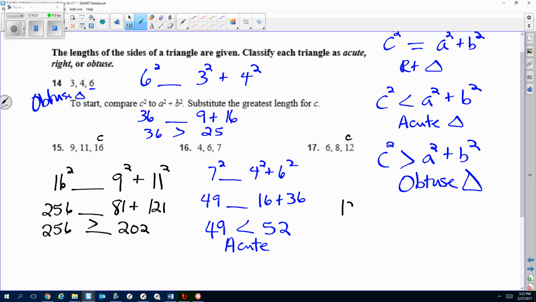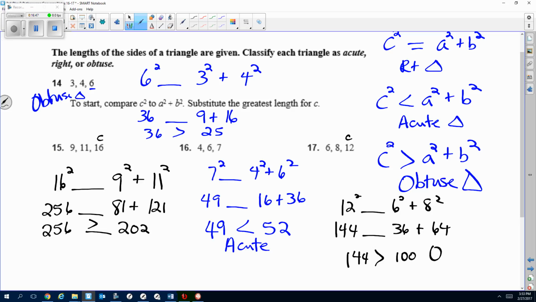So we have 12 squared compared to our 6 squared and 8 squared. Yep. 36 plus 64. Want to compare the sum of those to our 12 squared. It's greater than, no, I'm sorry, 144 is greater than 100. So this would be an obtuse triangle.